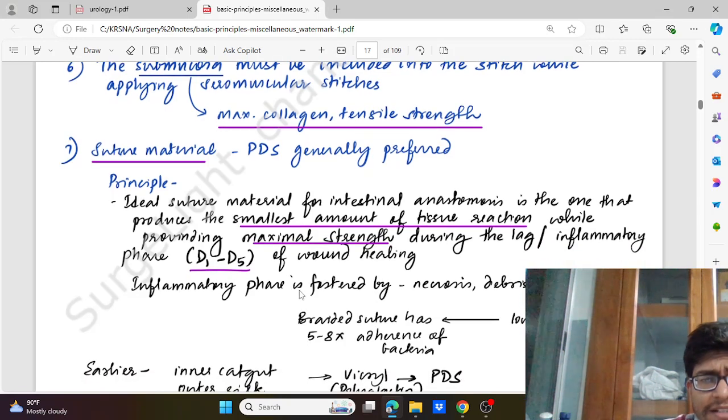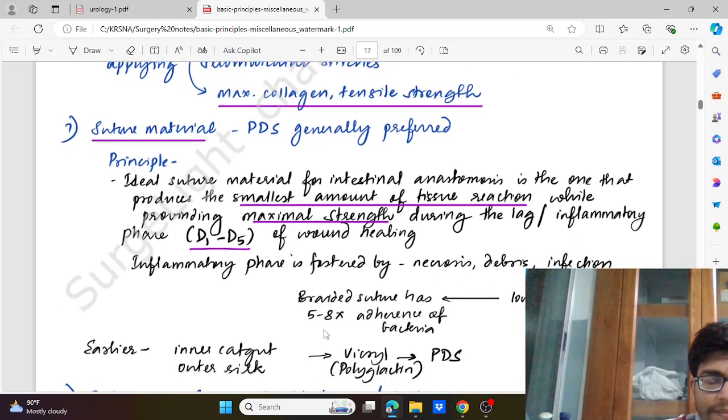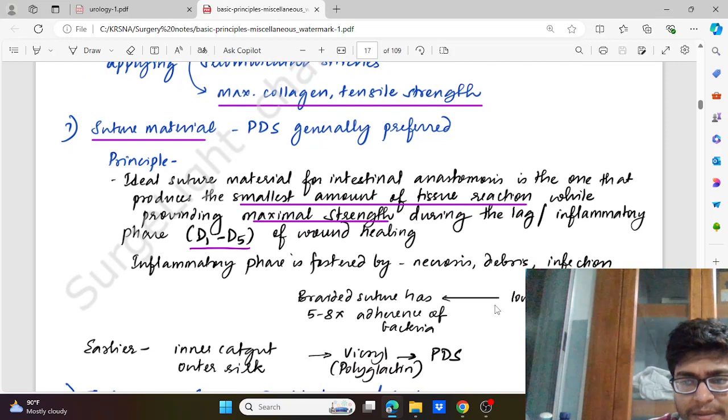The inflammatory phase is prolonged by necrosis, debris and infection. So we have to prevent all these things, debris and infection, and PDS has the lowest adherence to bacteria, so less chance of infection. A braided suture like Vicryl will have a higher chance of bacterial adherence, up to 5 to 8 times.